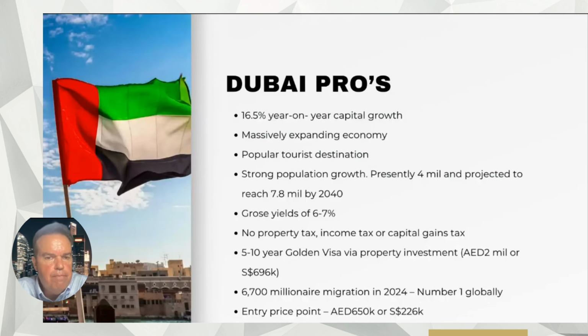So it's obviously doing something right in attracting wealthy people into Dubai. And what I'm told, and when I was there, is that these millionaires are looking to buy properties typically at the upper end of the market, and it is that end of the market that has been doing extremely well, even though price points can start from as little as 650,000 dirham, or about 226,000 Singapore dollars.